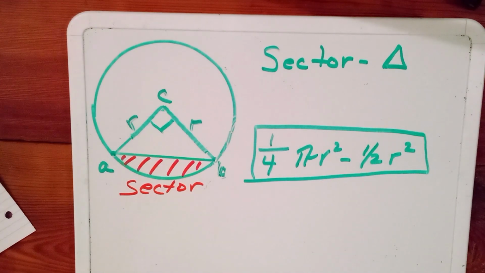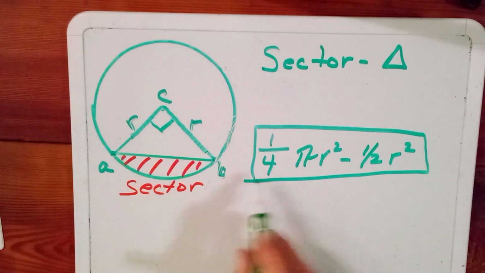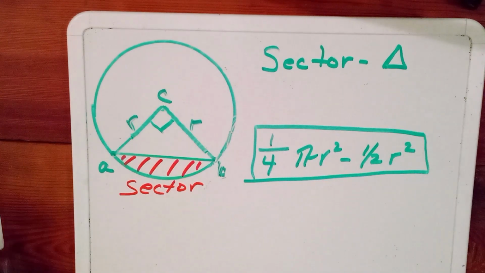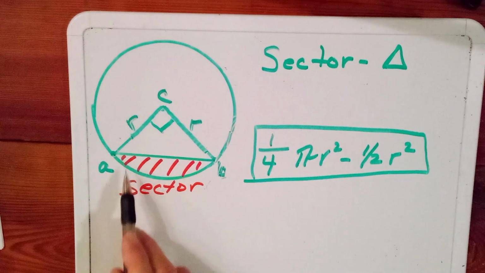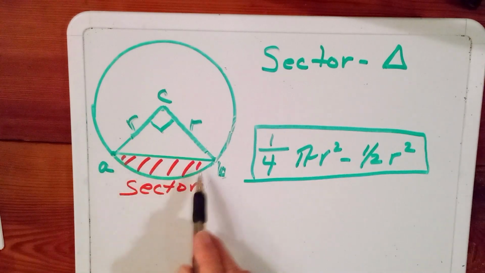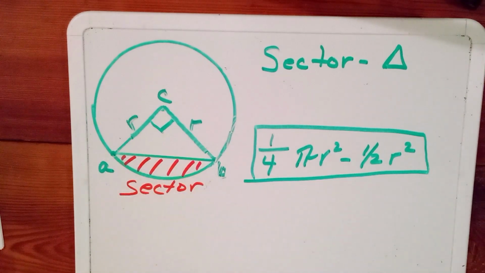The twist I was talking about on this particular question is worded like this. Write this expression in square units that represents the area of the shaded segment of C. Well, this expression does express this area right here of C, but not as square units.